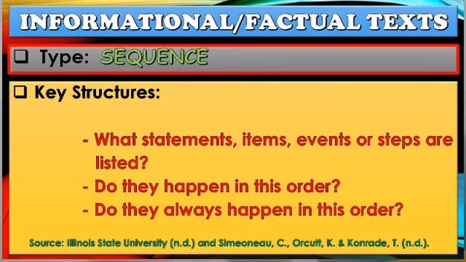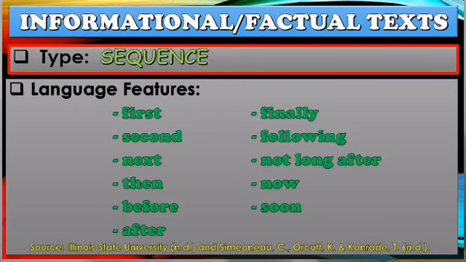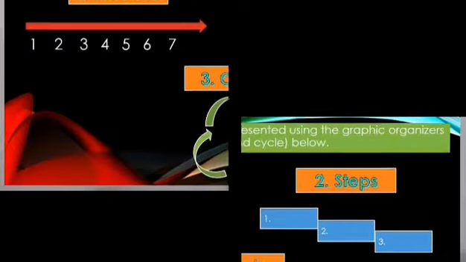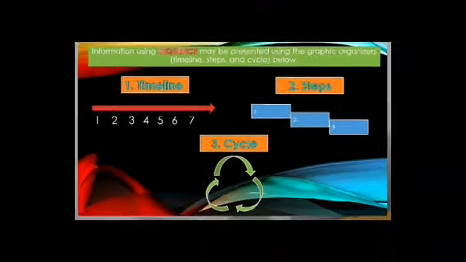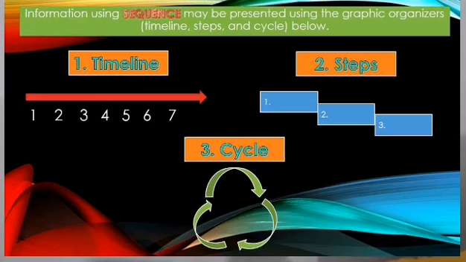Do they happen in this order, or do they always happen in this order? And for the language features, we have first, second, next, then, before, after, finally, following, not long after, now, and soon. And for the graphic organizers, we can have these timeline and steps and even cycle.